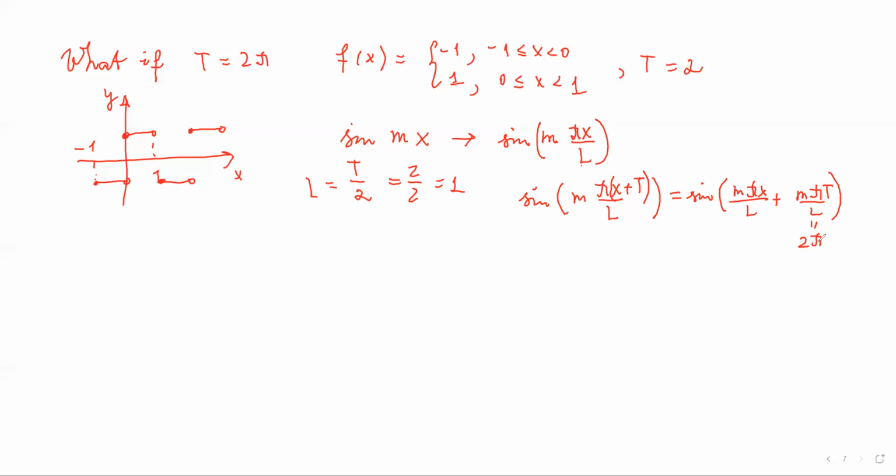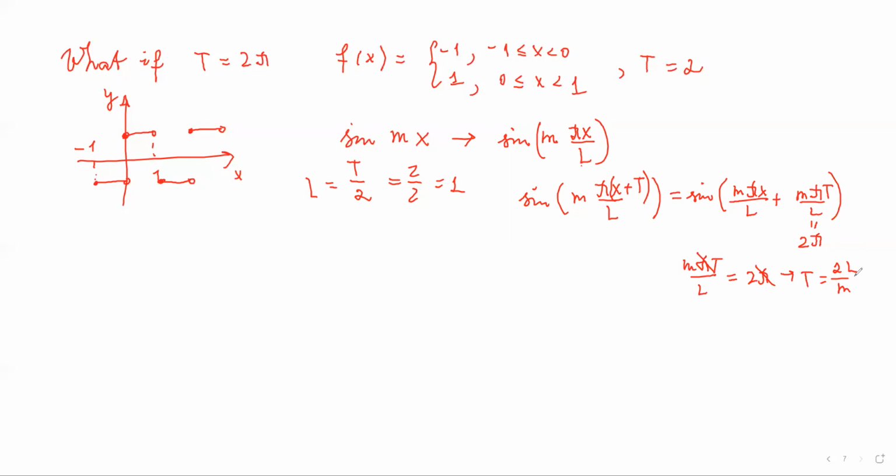So we are going to have m pi T over L equals 2 pi, from where the period is, well, we need to cancel pi here and here. So pi is going to disappear, and we are going to have T equals 2L over m.